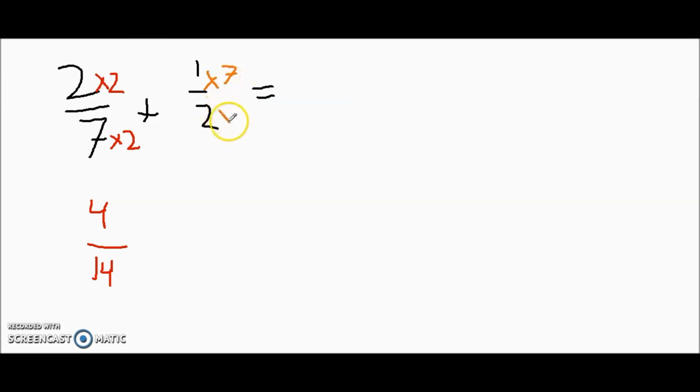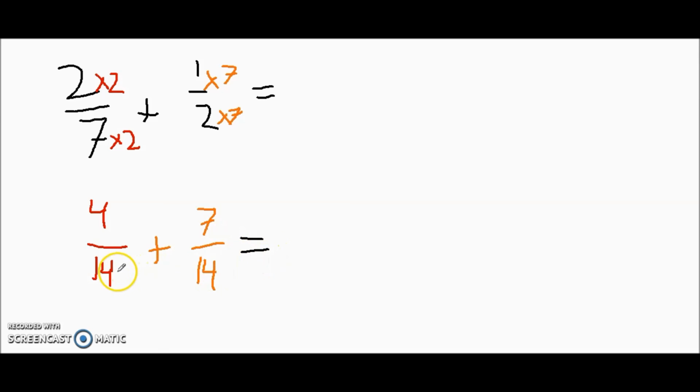So plus 1 times 7 is 7, over 2 times 7, which is 14. So if we look at our new equation down here, our fractions are 4 over 14 plus 7 over 14. So our denominators are now the same.